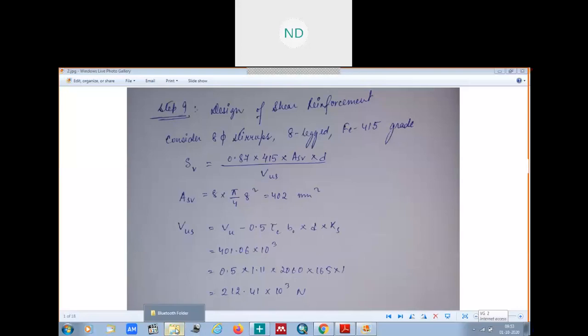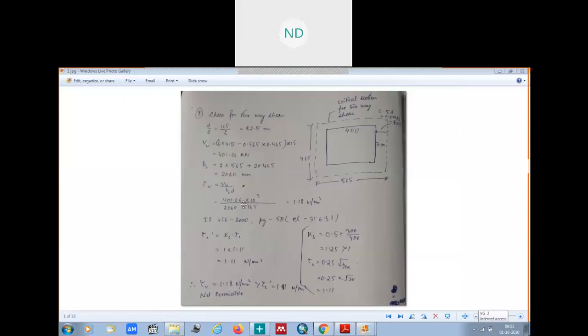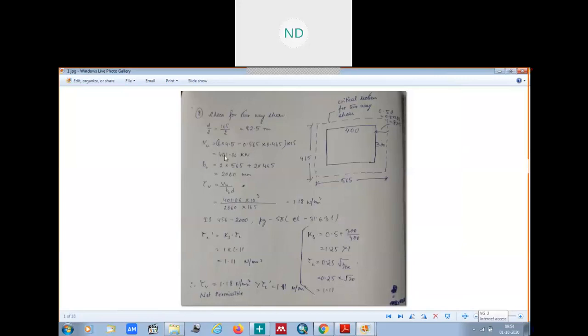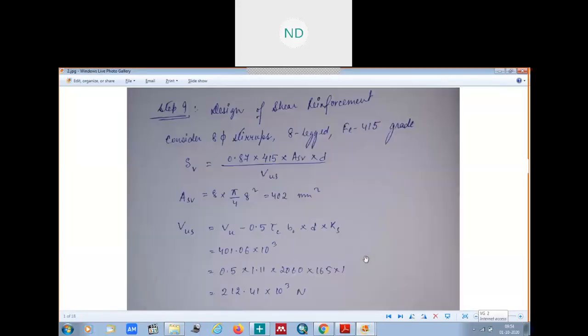Let me show, in step number 8, what we had calculated here. b0 we had calculated here, we need Vu, all these are already calculated, 0.5 tau c, b0, and the effective depth we know, 165.